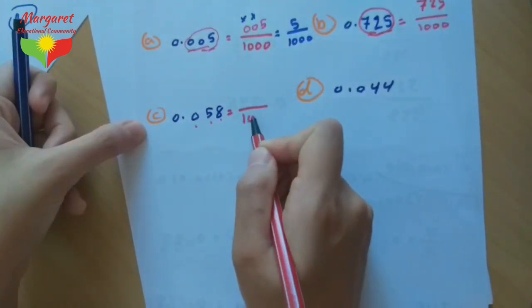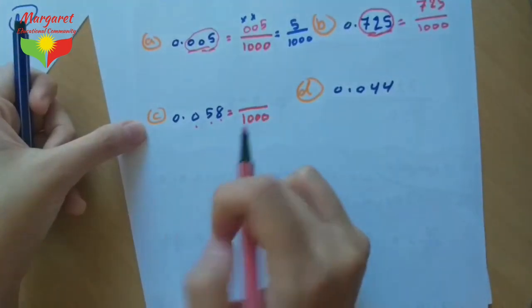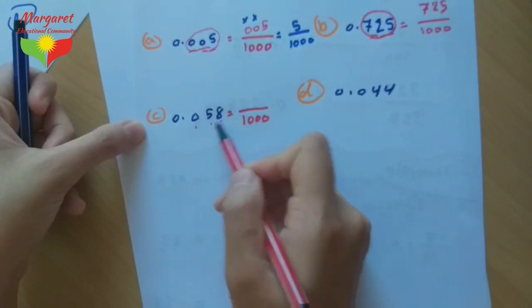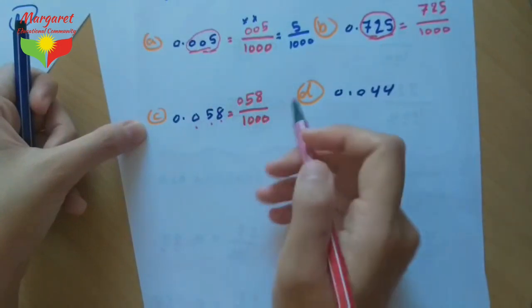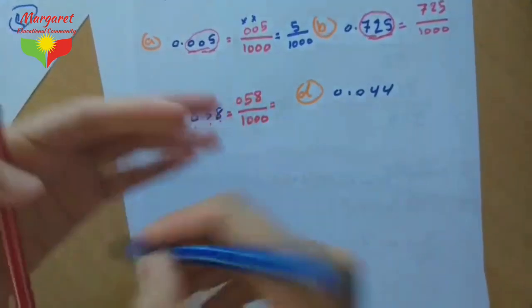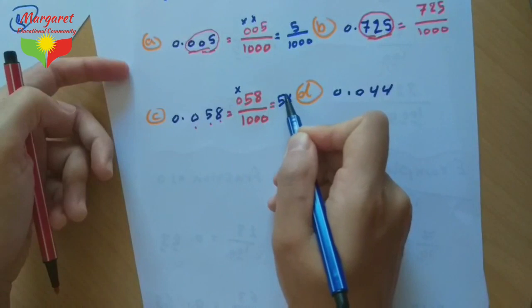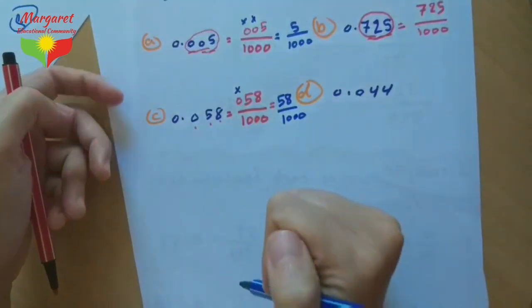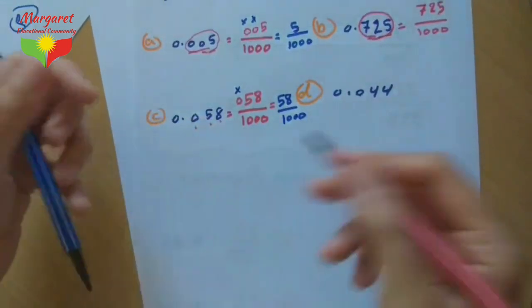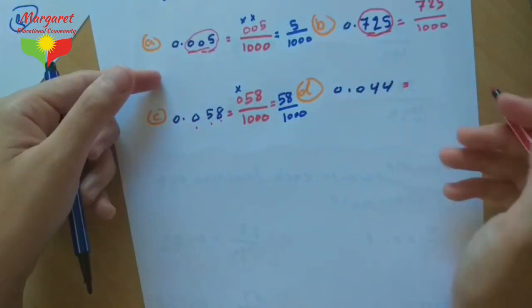You must write 1000 for the denominator, and for the numerator you must write 58, or 0.058 equals 58 thousandths, because the 0 has no value.